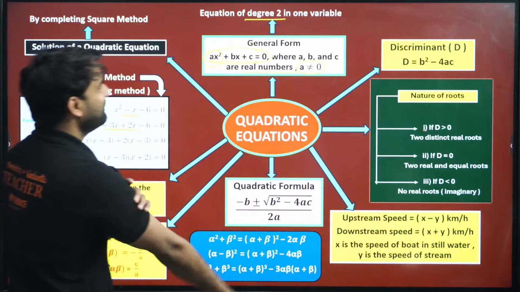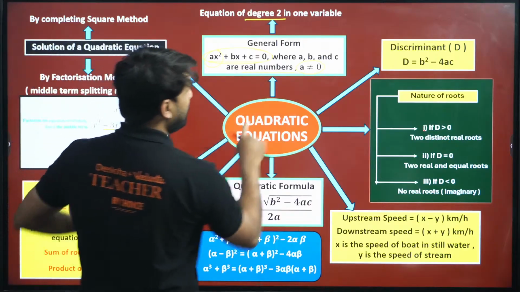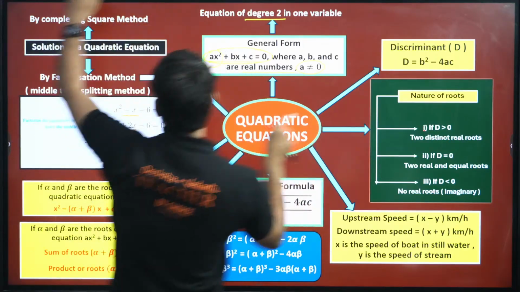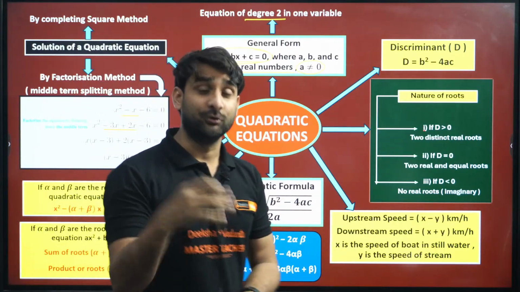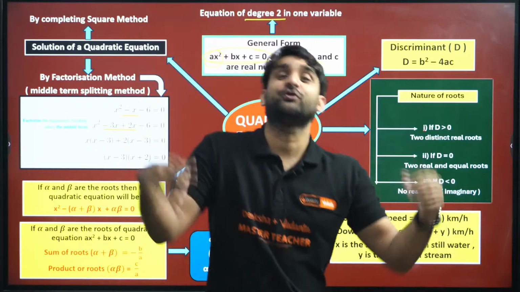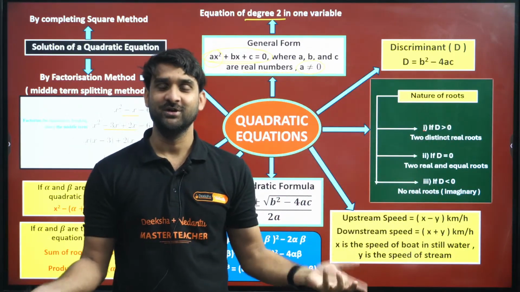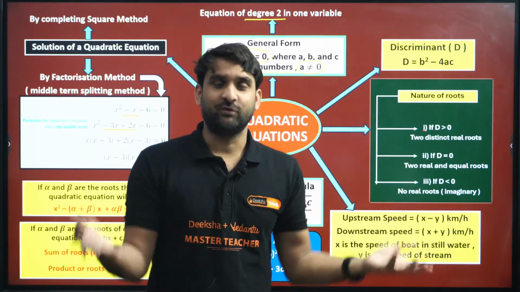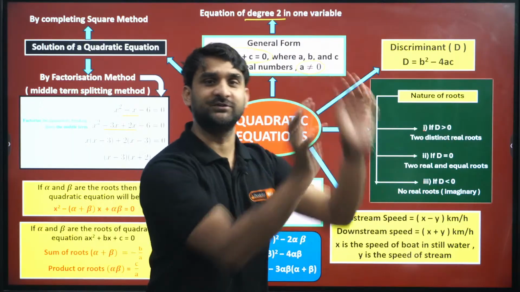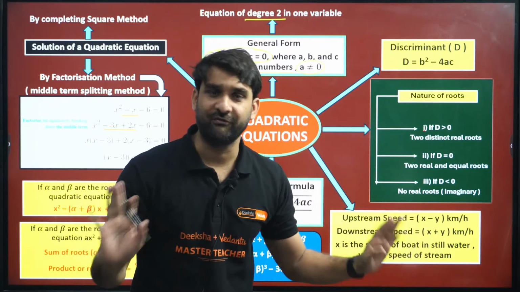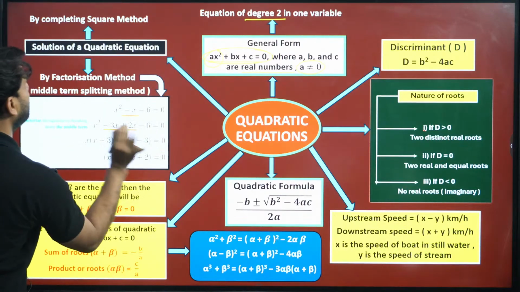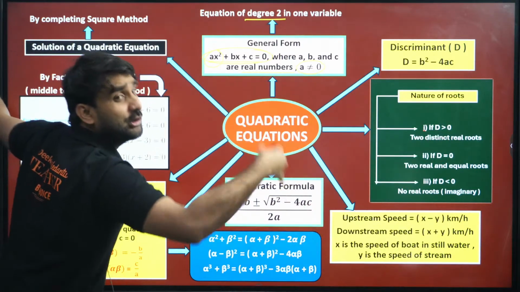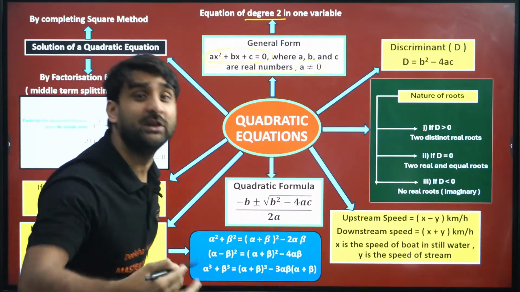In quadratic equation, we generally find the roots. We can say roots, zeros, or solutions of a quadratic equation; all are the same. If the question says find the roots or find the zeros, both are the same, no difference. So how can we find the solution, the roots, of any quadratic equation?